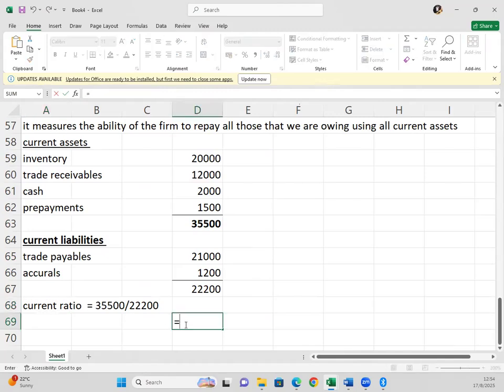If you say 35,500 divided by 22,200, you get 1.5. If you round it, it's 1.6. If it's a current ratio, it's as to 1. So you say the answer is 1.6 to 1.